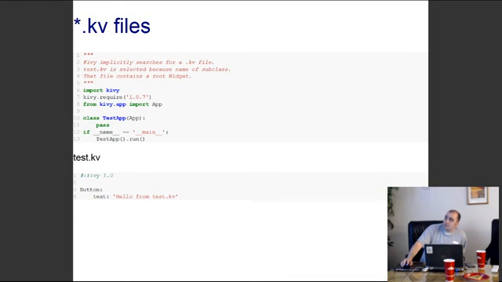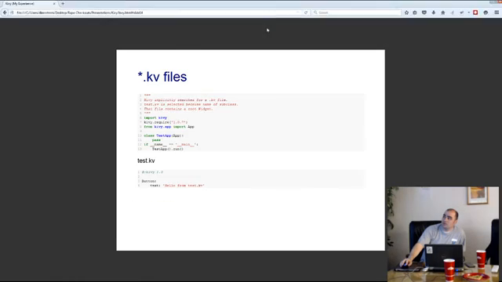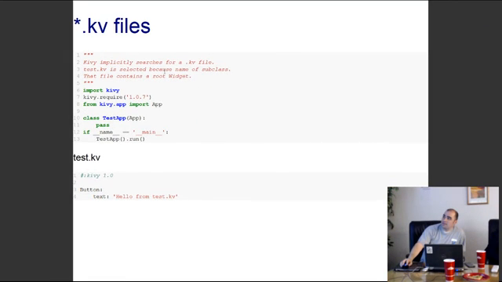Right here, this is actually from their demo website. Kivy implicitly searches for a .kv file whose name is derived from the name of your class that inherits from App. So in this case, they're going to look for a KV file called test.kv. And that test.kv is going to contain a hierarchy of widgets.